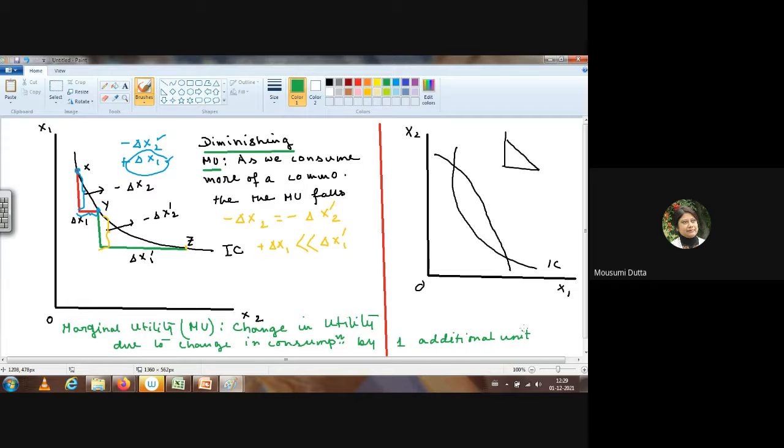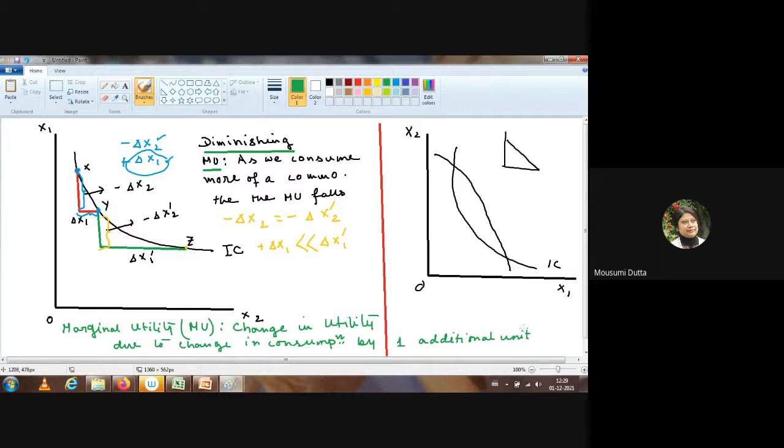If consumption changes by one additional unit, the total change in utility or satisfaction is given by marginal utility. Marginal utility indicates incremental utility, or change in utility, due to change in consumption by one additional unit.